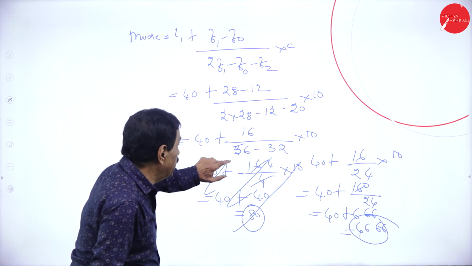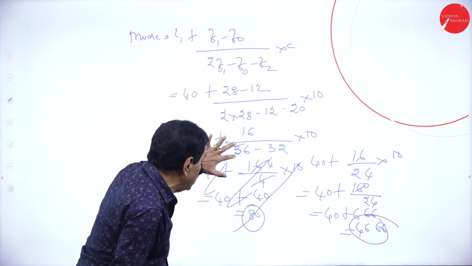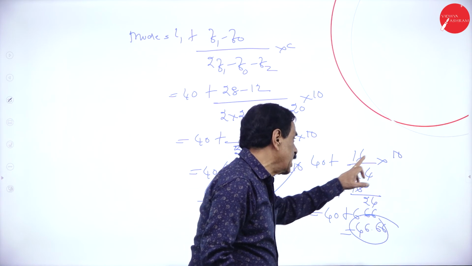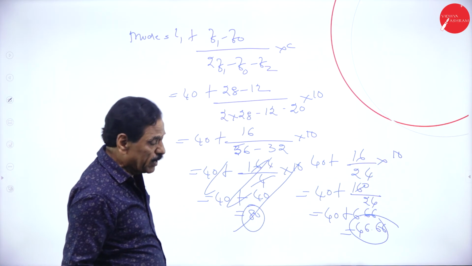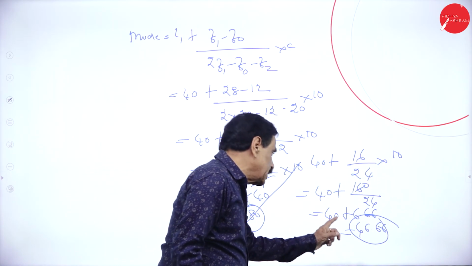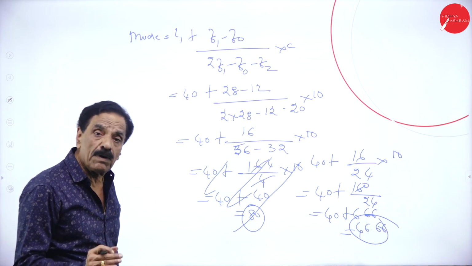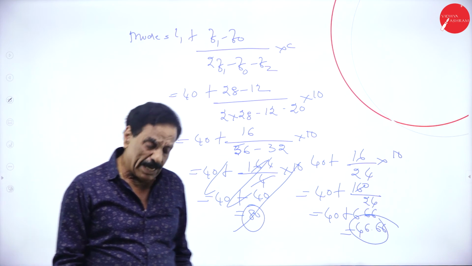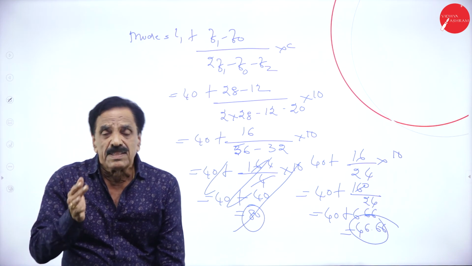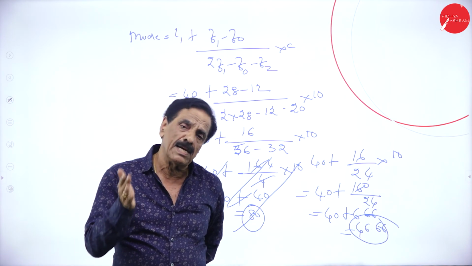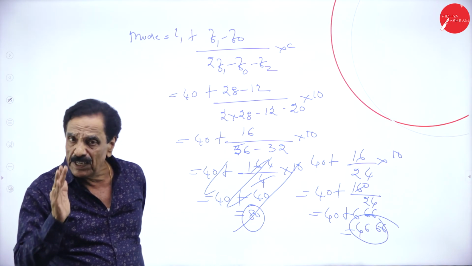So here only mistakes happen, no? 28 twos are 56, minus 32 is 24, 16 into 10 is 160, divided by 24 is 6.66, plus 40 is 46.66. In examination, one question will ask for 20 marks: mean, median, and mode. This is a definite question.